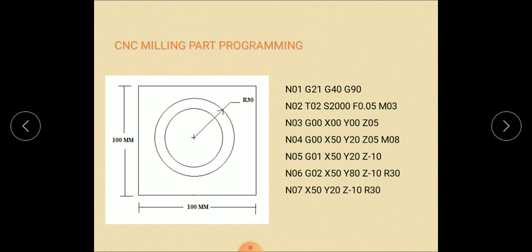Here this is the x-axis. Then again it goes back along the y-axis, that is 20 mm, then Z minus 10, then R30. Then M05, the miscellaneous function for coolant off. Then M09 is the spindle stop, then M09 is the program stop.